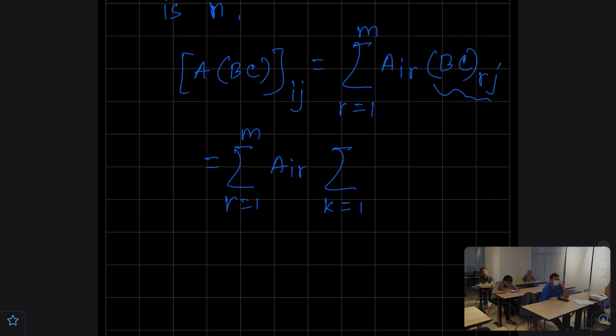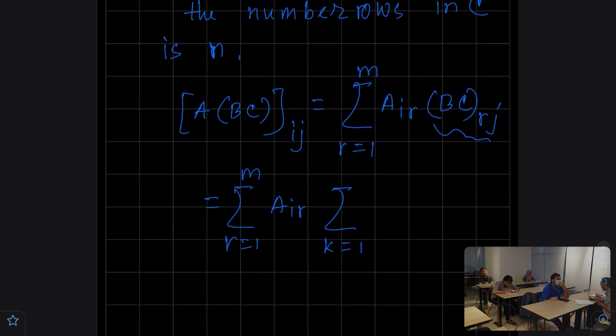You have to consider the matrix multiplication BC. The number of columns in B is n, and the number of rows in C is also n. That means this will be n, right?